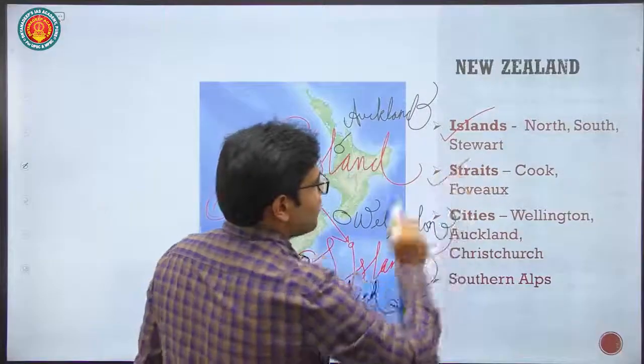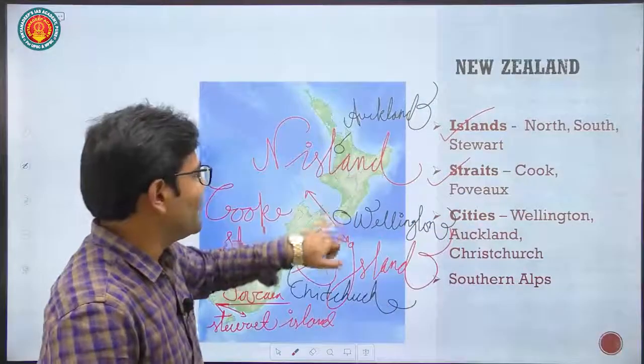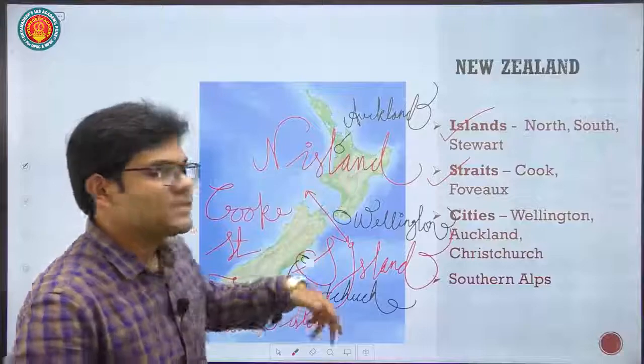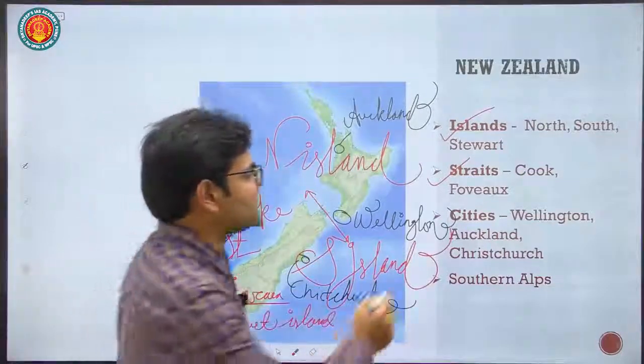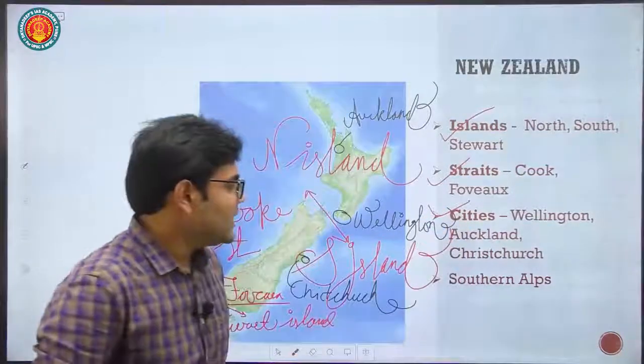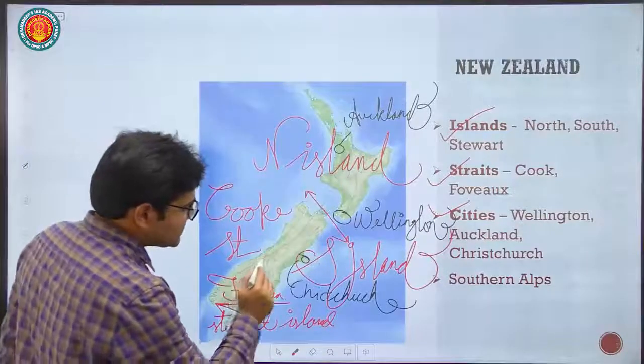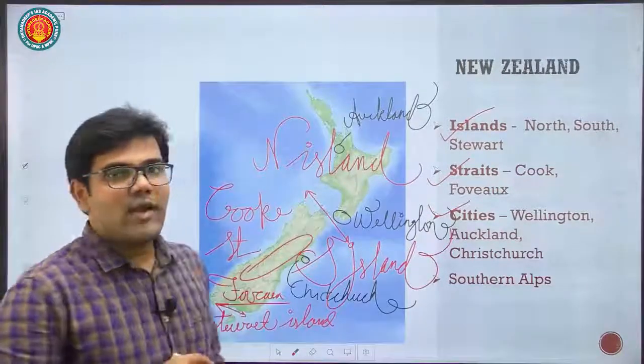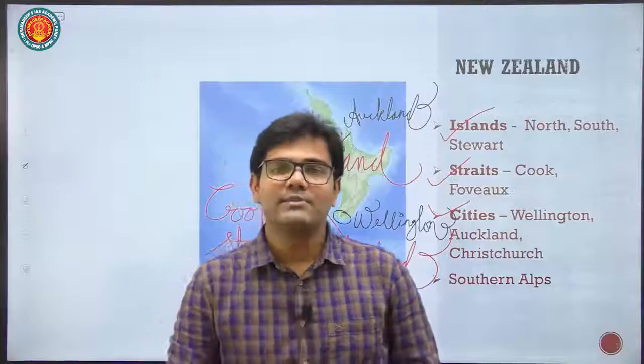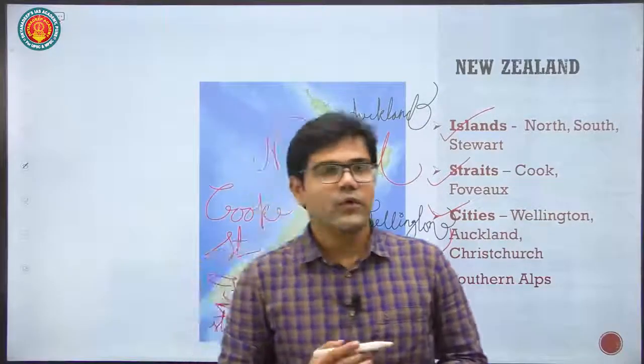So straits over. Then cities, I just talked about Wellington, Auckland, Christchurch. Again there are many cities, but we will just focus on the important cities. Then the mountain ranges. Here in Australia we have the Australian Alps, and the original Alps are in the European continent.